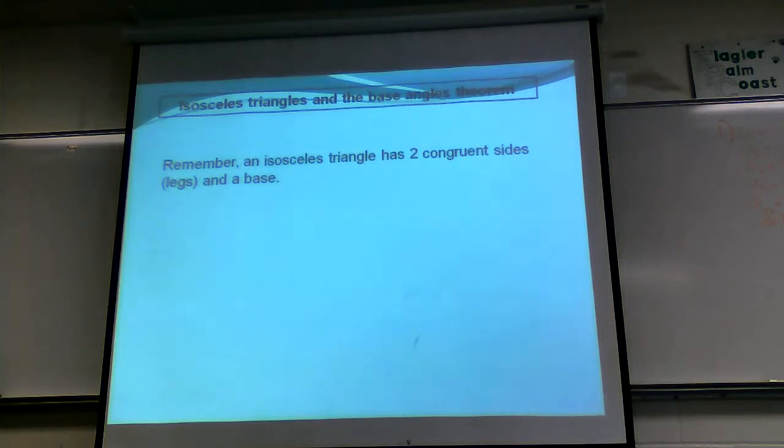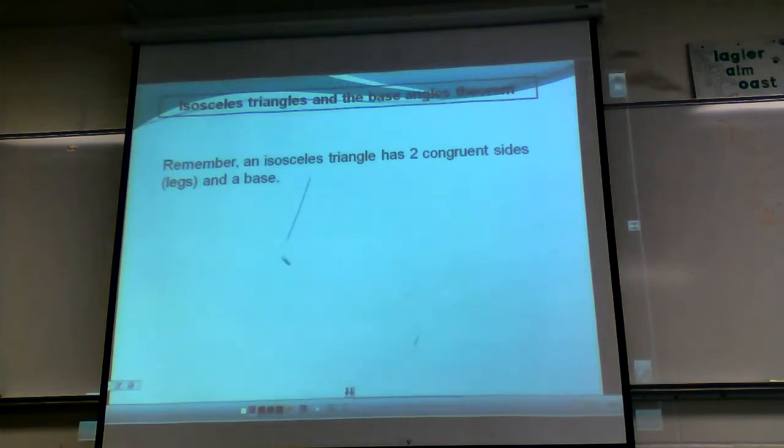The side that's not a congruent side is called the base. Now, you have to get out of your mind that base means it's on the bottom, because isosceles triangles can be facing any way. It doesn't matter if it's this direction, which is easiest for people to remember because they go, that's the bottom, that's the base.